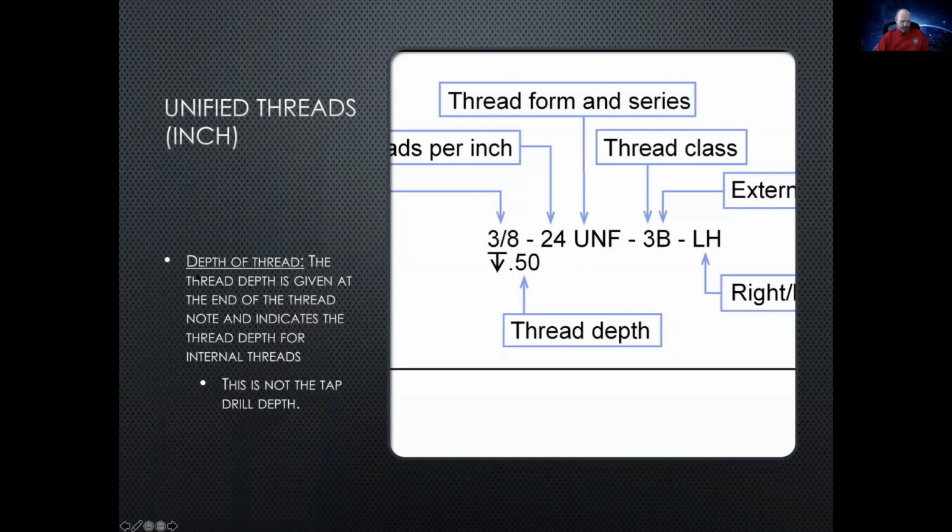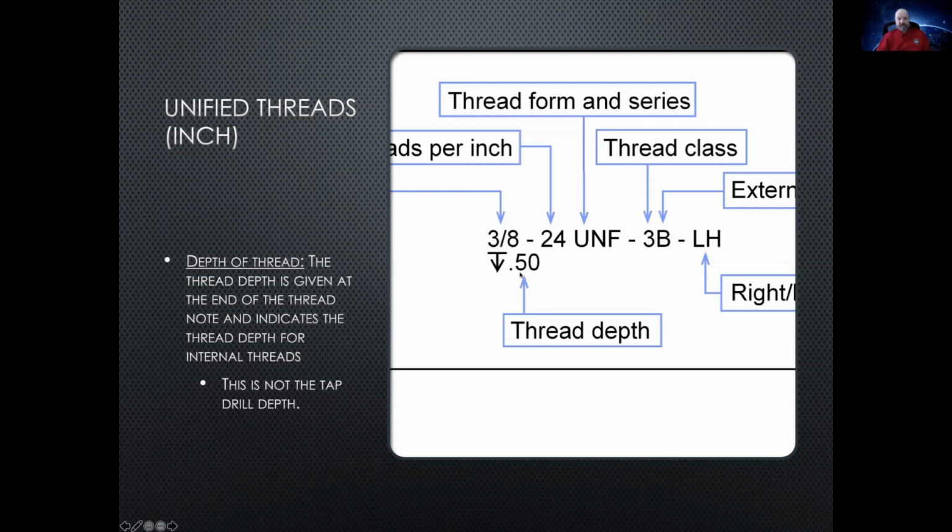So now the thread depth is given at the end of the thread note and indicates the thread depth for internal threads. This is not the tap drill depth. You're going to actually drill the tap drill depth to be greater than 0.5 in this example because we've got that tapered part of the tap that's got to go past where the thread depth would be.